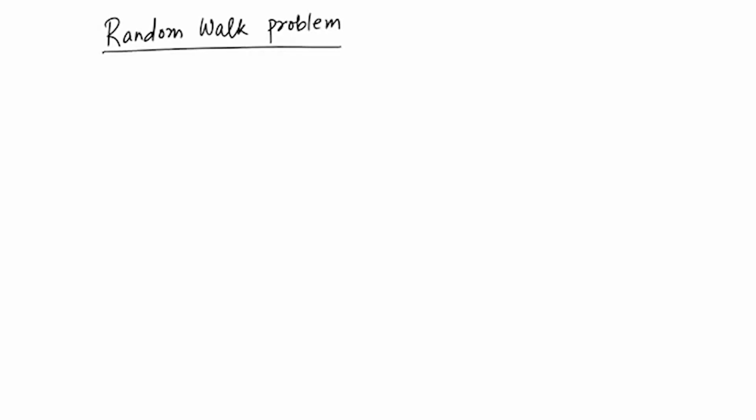so once again to remind you that there is a drunken man or a drunkard who is randomly taking steps towards the right and towards the left with probabilities p and q respectively. Okay.